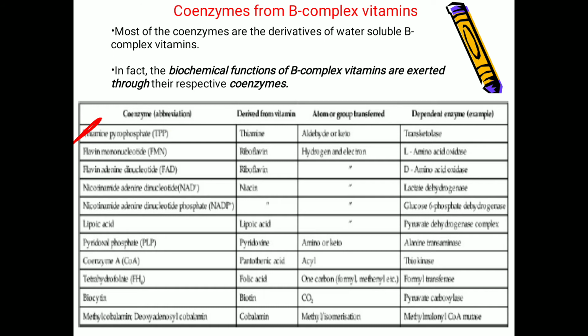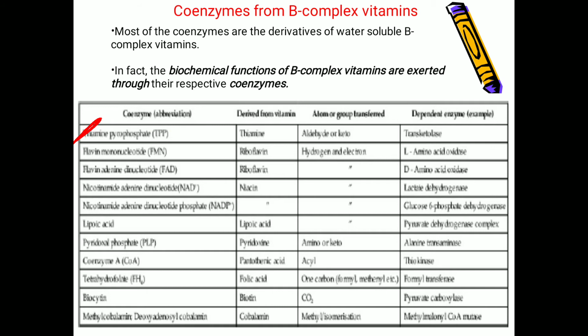Next is pyridoxine. For pyridoxine, the coenzyme is PLP, pyridoxal phosphate, and it will transfer the amino or keto group. And the example is alanine transaminase.